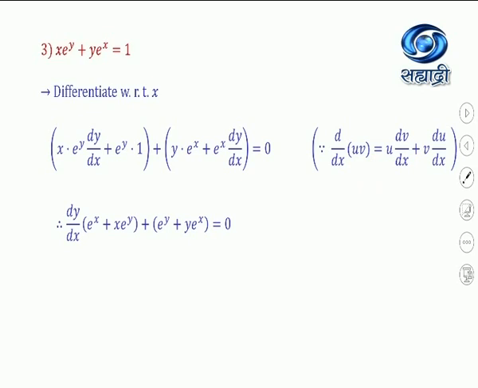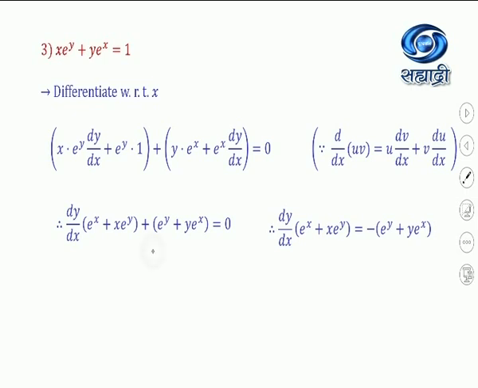Now here again we consider the terms of dy/dx, and I take dy/dx as common. So in bracket we get x into e raised to y, here e raised to x, and the remaining terms I write as the second term in bracket: e to the power y plus y into e raised to x. Right hand side remains the same, equal to 0.